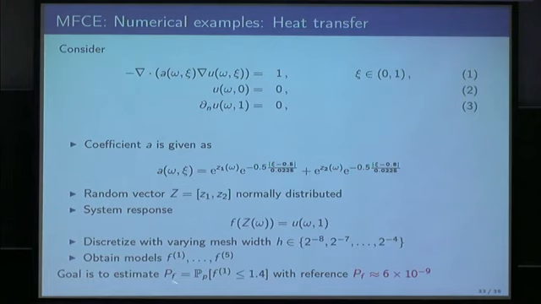And then we're interested in estimating the probability that this output is less than 1.4, and we did a reference estimate which said that we have in the range of 10 to the minus 9. So the probability of this is about 10 to the minus 9. We used high fidelity model evaluations to come up with this.